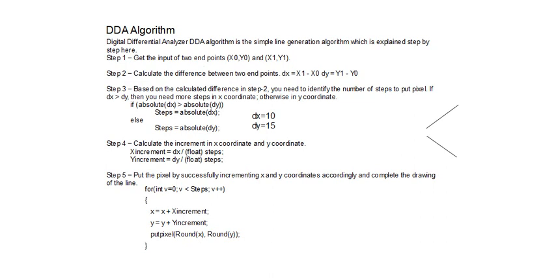Second is DDA will generate a staircase effect. Staircase effect means when you draw the line, it may not be straight enough. The line will have repetition in the coordinates of x or repetitions in the coordinate of y depending upon the number of steps.